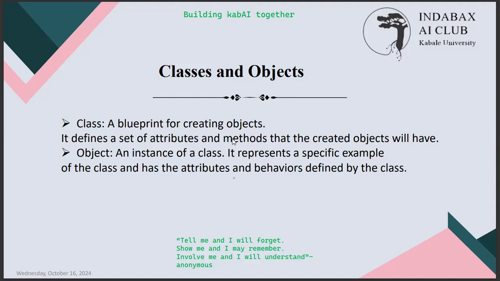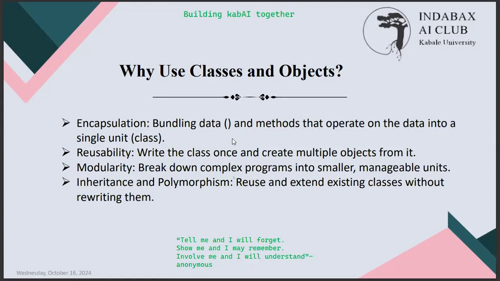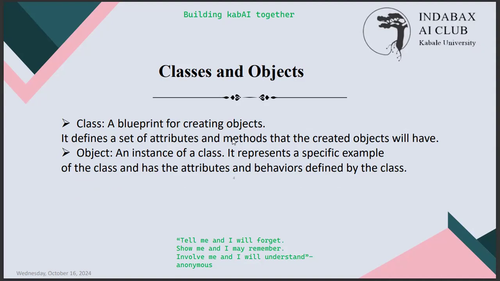So a class, like we have said, is a blueprint. You use it to define how you want different objects to look. For example, say you're building a mobile app game having some characters, like most of you like playing Temple Run.